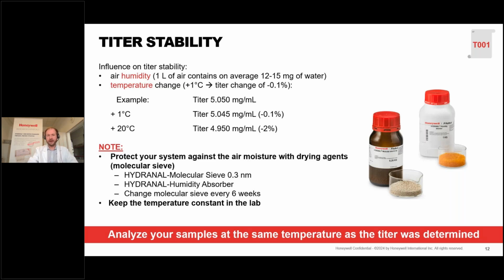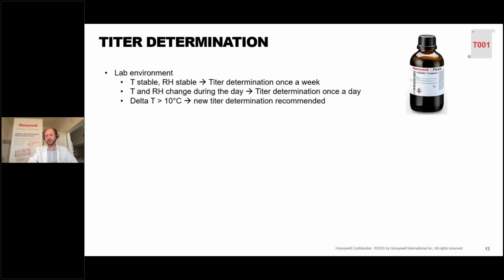In a lab environment that has a controlled air conditioner that provides very stable temperature and humidity levels, it might be okay to perform a titer determination once a week.